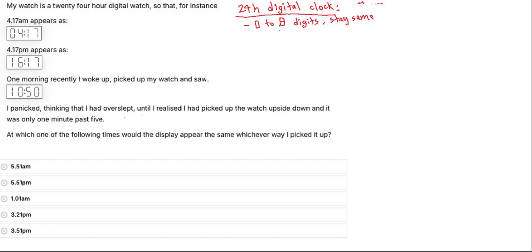What we're focusing on is what if we flip a 24-hour digital clock in this format, like 16:17 and 4:17, by 180 degrees, how the numbers must look. If you flip 180 degrees, 0 to 8 numbers will all look the same. For example, if I write number 2 and flip this 180 degrees, it will look exactly like number 2. There's no change in the way the number looks.